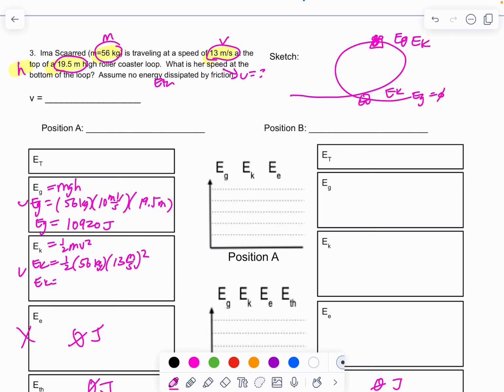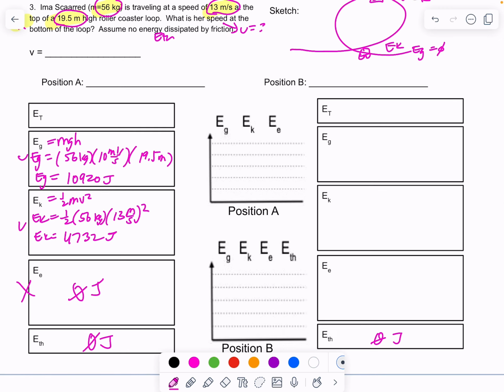So 0.5 times 56 times 13 times 13 is 4732 joules. Her total energy is both of those together: 10,920 plus 4732, which is 15,652 joules at the top of the loop.